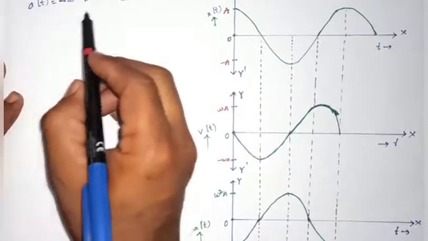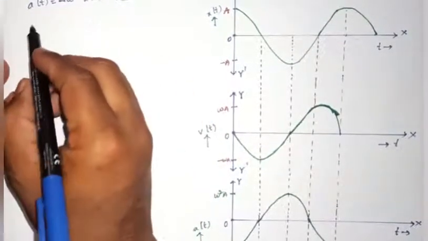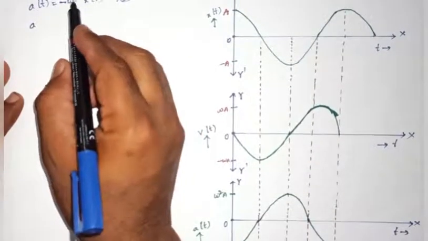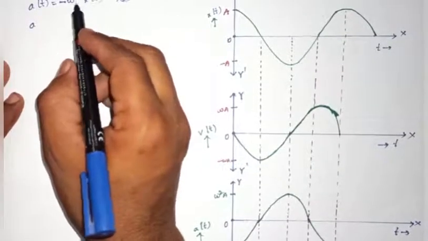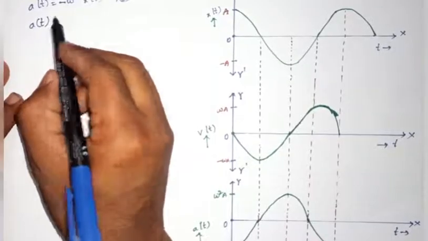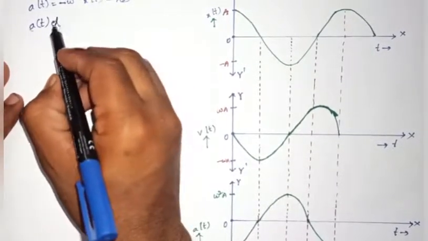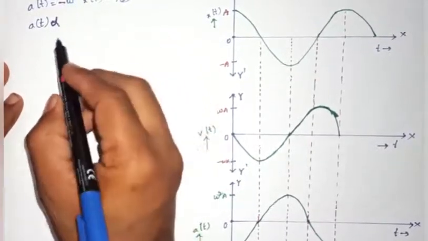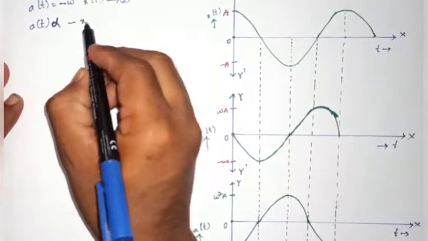From equation number 5, the acceleration is directly proportional to omega square, and omega, the angular speed, is constant, so omega square is also constant. We can remove the constant omega square and say the acceleration is directly proportional to minus x of t.